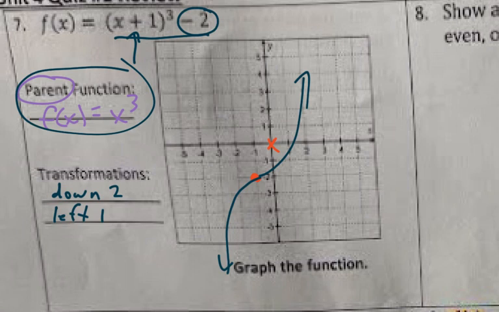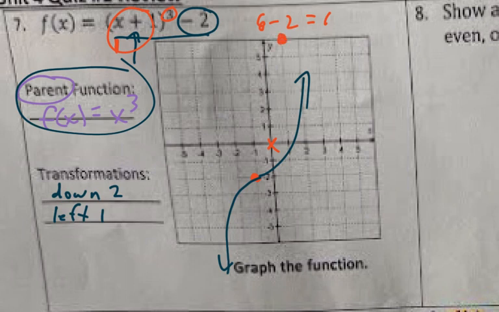Now, just to verify real quick, remember you can make a little table as I taught you and plug in numbers. For example, if I plug in 1, I get 1 plus 1, 2 cubed, 8 minus 2 is 6. So I know if I go to 1, 6 right here is a point.